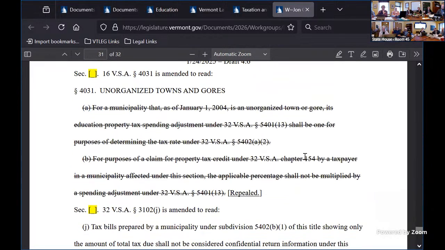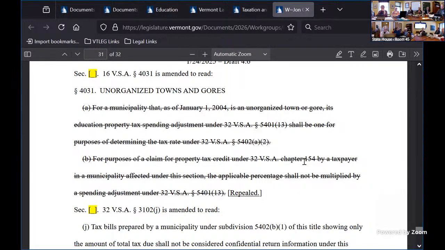Unorganized. For unorganized towns and gores, we currently have ways of addressing how taxes are meant to be administered within these municipalities. You no longer need reference to the tax spending adjusted and the like because you're not varying in this particular way. So these are unnecessary at this point.